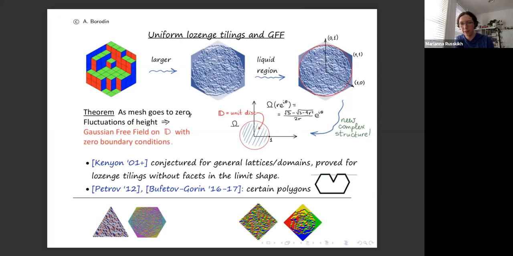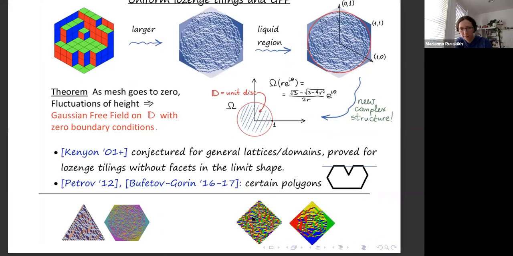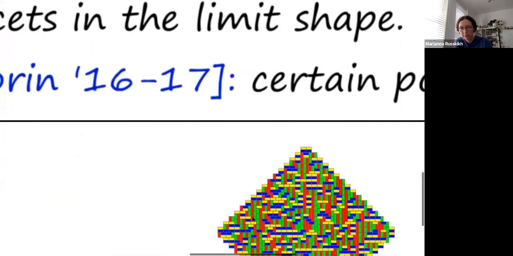For example, think about this picture. Probably you don't see it. Let me try to zoom it. So this is an example of flat boundary conditions for the height function, right? We see that in the random dimer configuration there is nothing frozen near the boundary.